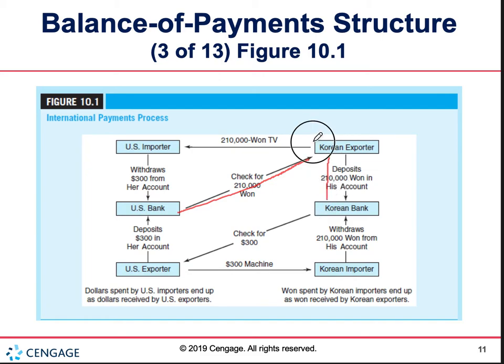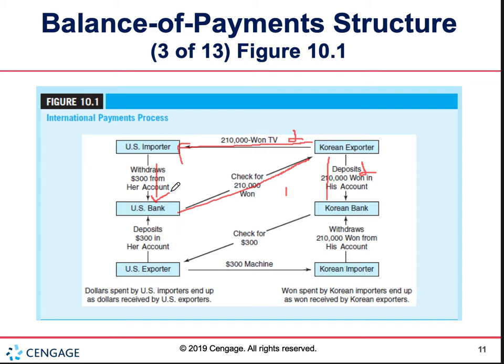Now the U.S. importer gets the TV. These both happen simultaneously. So the Korean producer deposits the money into their account, and ships that TV to the U.S. importer, and the bank, again, is taking that money. Again, you see why this is an oversimplification, because the bank isn't doing all these transactions.